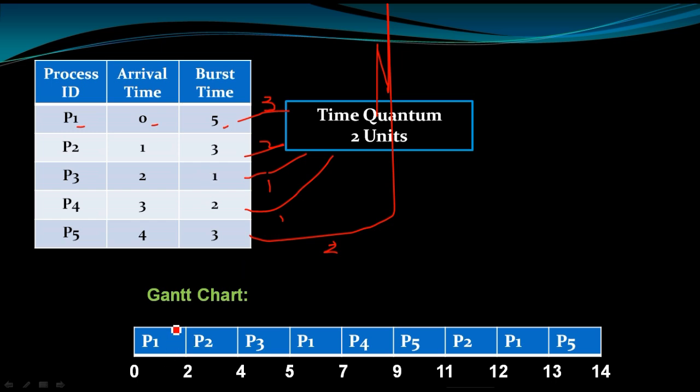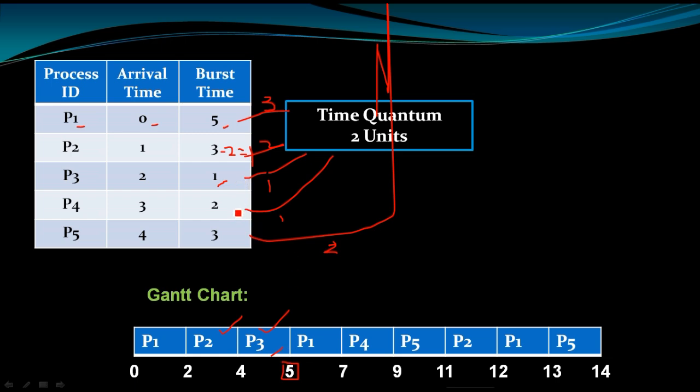So 5 minus 2 is 3, and 3 is the remaining burst time of P1. The next time quantum is allocated to P2, so 2 nanoseconds, and 3 minus 2 leaves 1 nanosecond remaining. P3 gets the third time quantum and its burst time is only 1 nanosecond, so it completes its task at 5 nanoseconds and terminates normally.